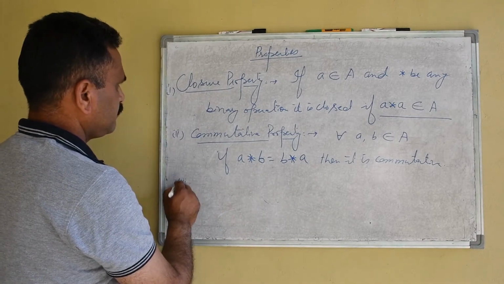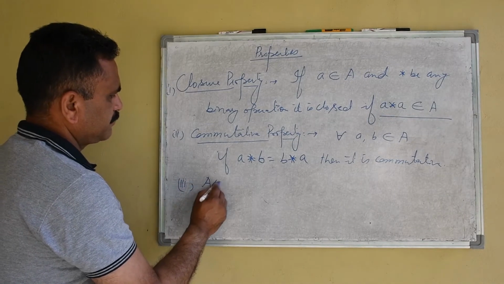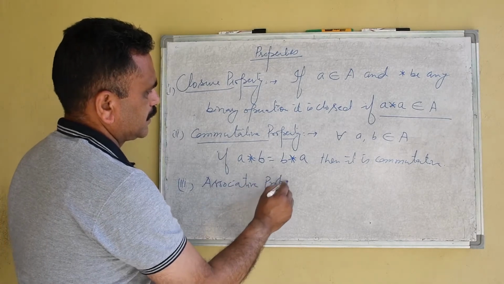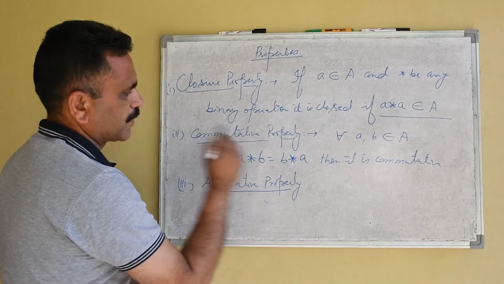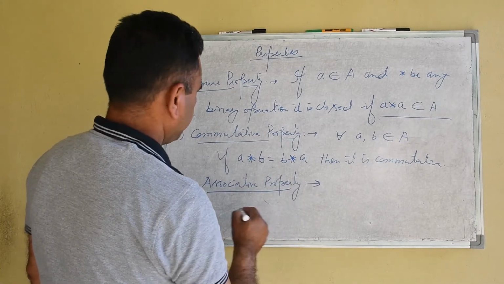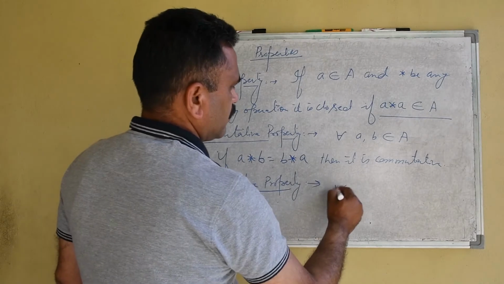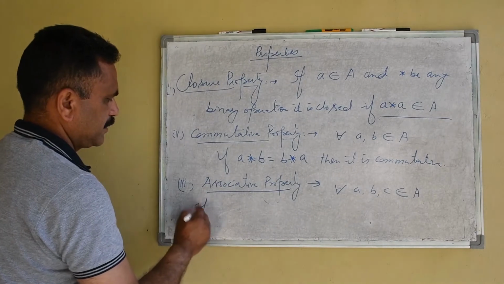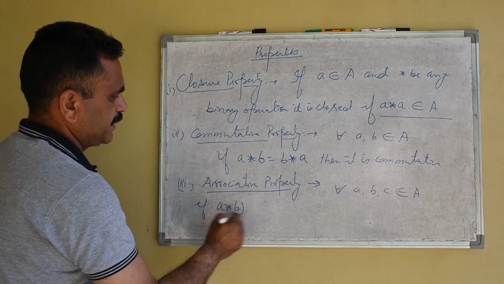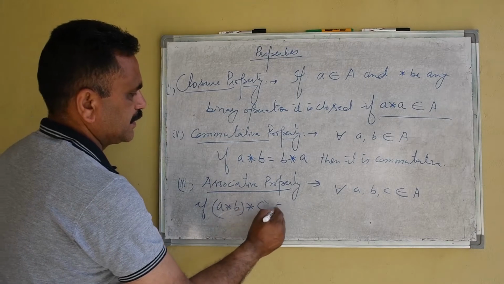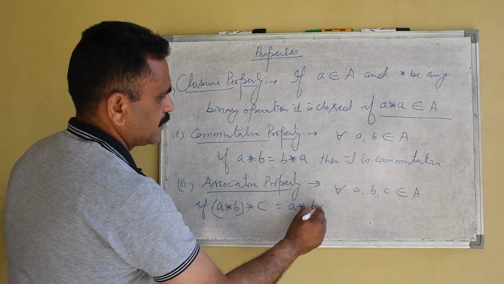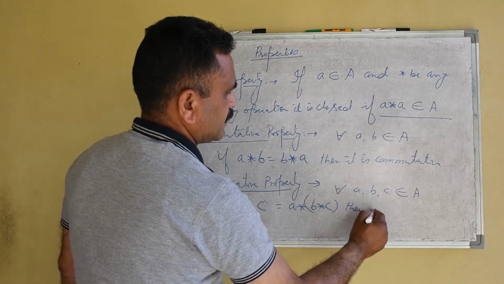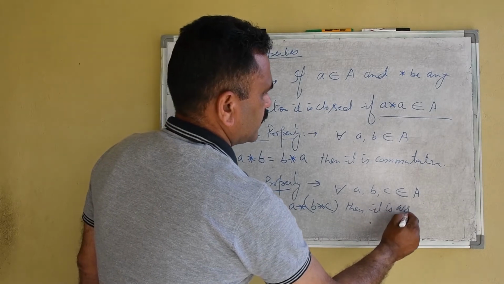Third, associative property. For all A, B, C belongs to A, if (A star B) star C is equal to A star (B star C), then it is associative.